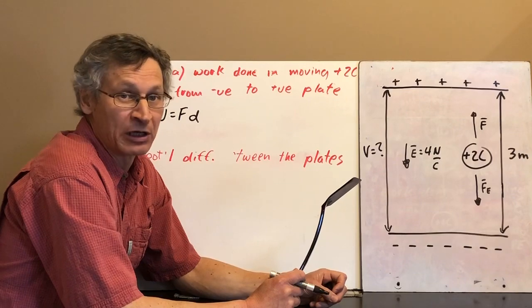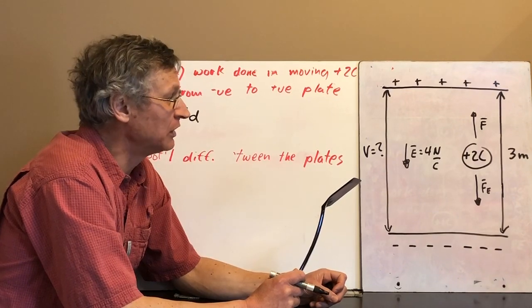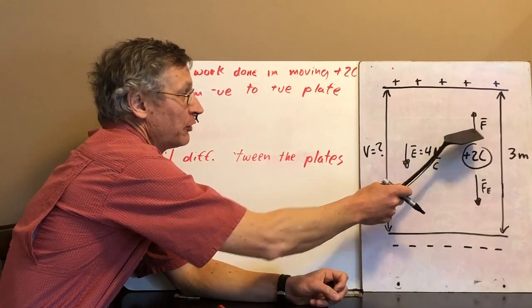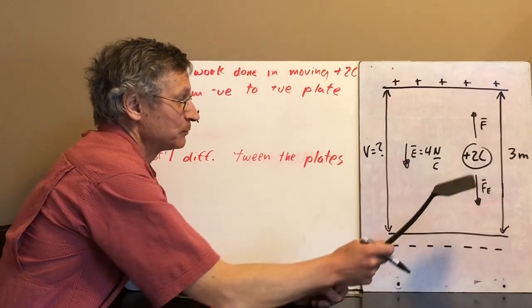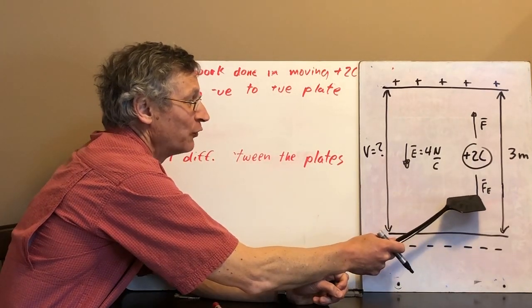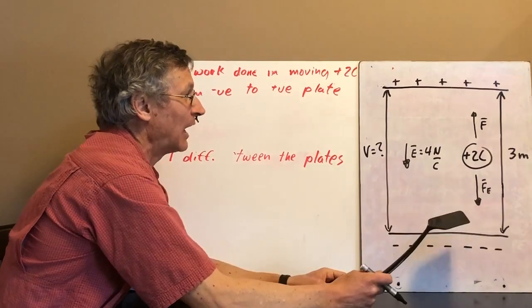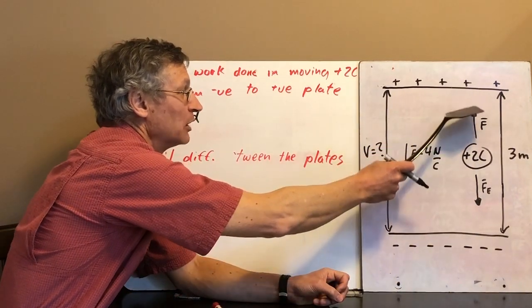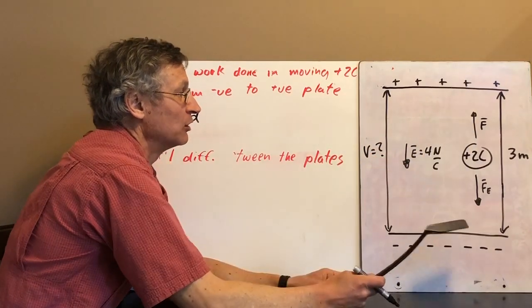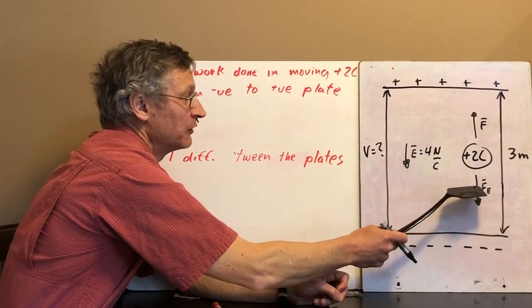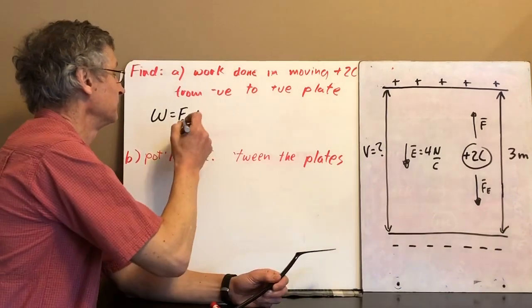And of course, whatever force you're pulling it with is going to have to cancel out the electrical force on it. The force of these negatives trying to attract it back, the force of these positives trying to push it back. So the force you're pulling with is basically the same as the electrical force here.